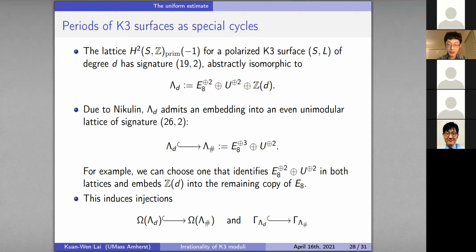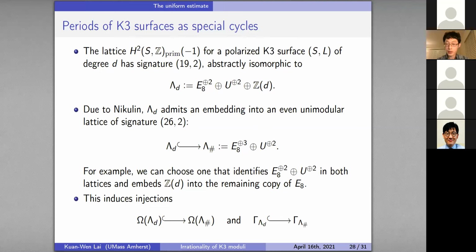So first, I think it's trivial that if you have such an embedding, then you have an injection between their period domains. And it's not so trivial that you can also extend the elements in the modular group to elements of the modular group of Lambda sharp. Remember, elements in this Gamma_Lambda_D are the automorphisms of Lambda_D.